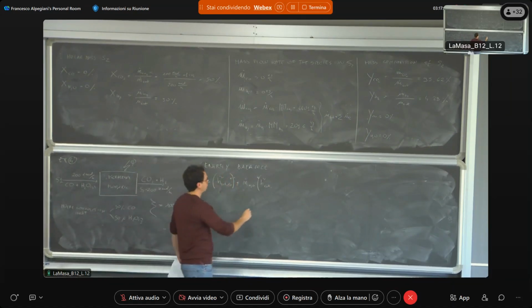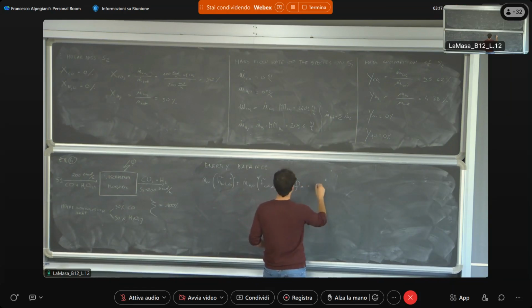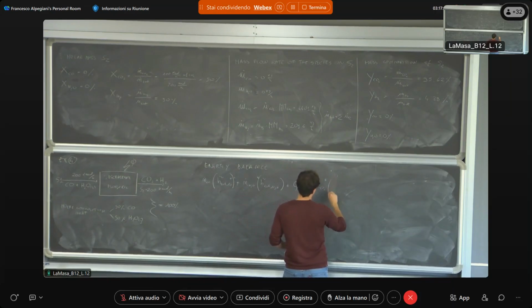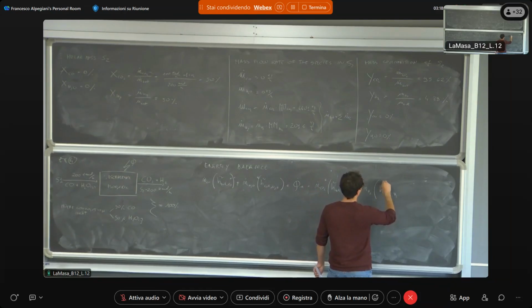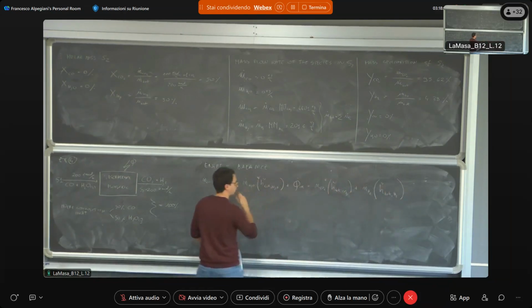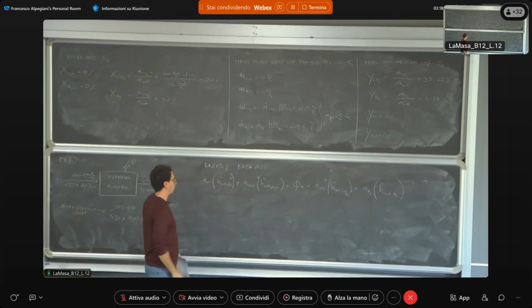So: H dot of H2O plus Q dot in is equal to N dot of CO2 times H dot of CO2 on molar basis, plus N dot H2 times the total enthalpy of the hydrogen.